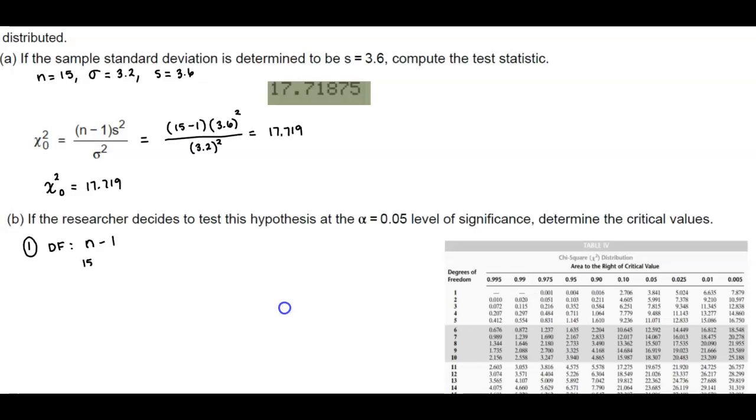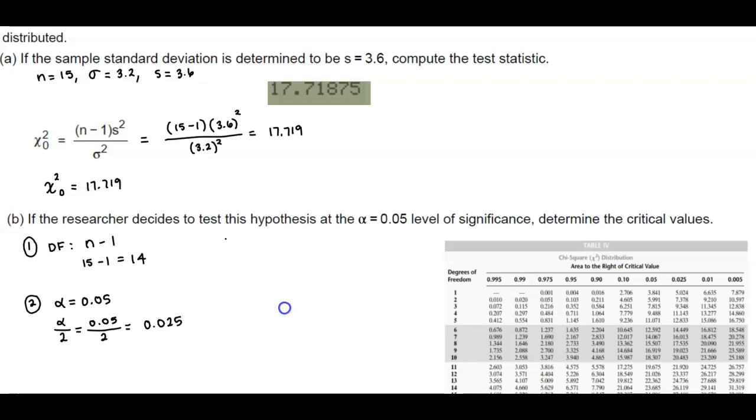So we know we're going to take 15, subtract 1 to get 14. Okay, now in part 2, what do we know? We know that alpha is equal to 0.05. And we know that we need to take alpha and divide it by 2. So we get 0.05, and we're going to divide that by 2, which gives us 0.025.